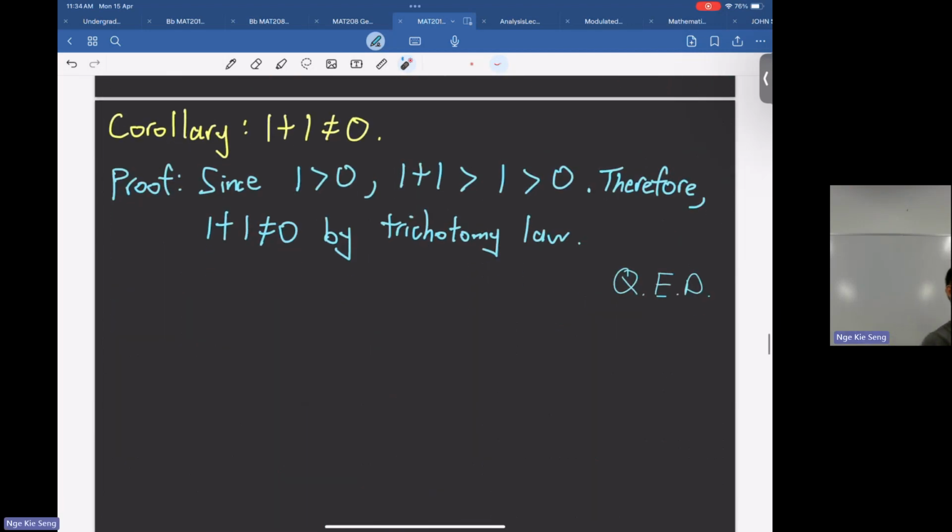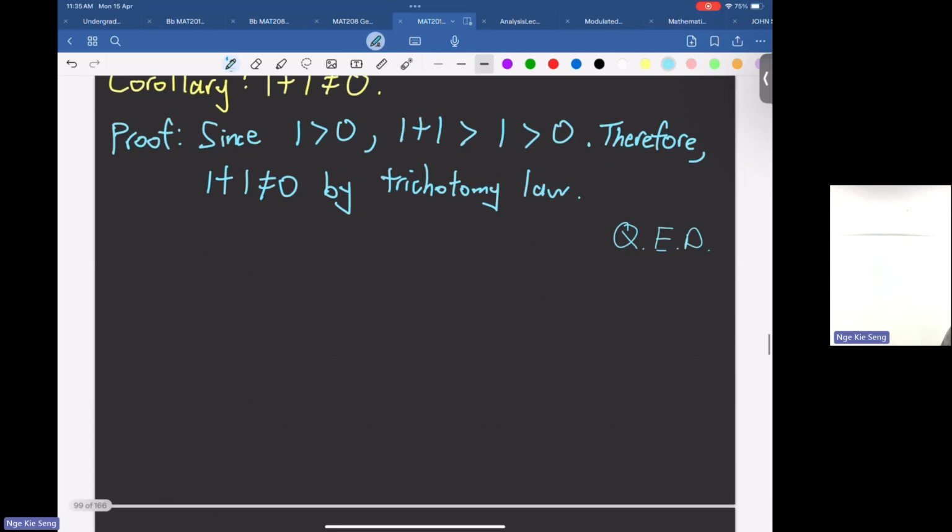And the corollary is 1 plus 1 is not 0. You don't go back to 0, you create another thing. So how do I prove this? I know that 1 is greater than 0 now. So 1 plus 1 is greater than 1 because I can add 1 to both sides. Should we do greater or equal to, because this is what the axiom gives us.